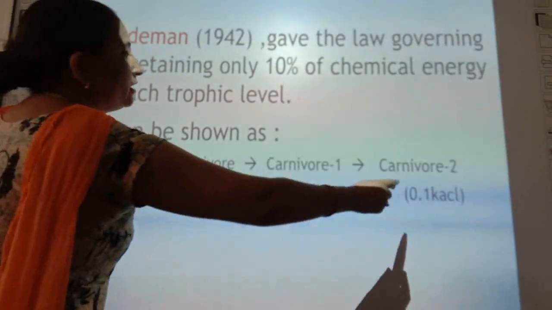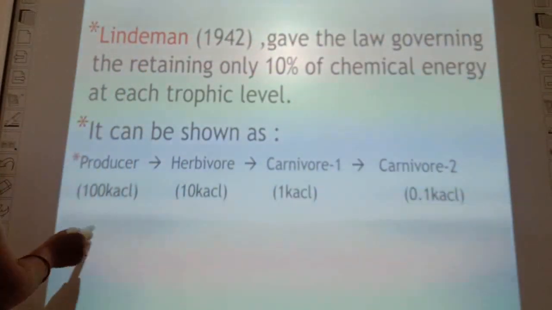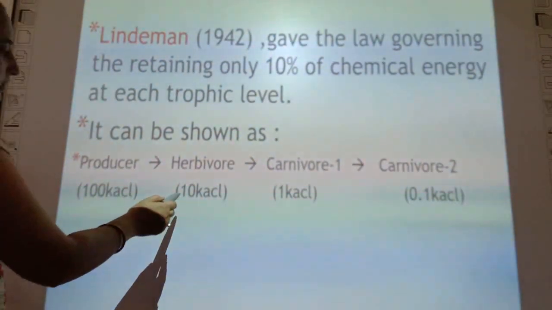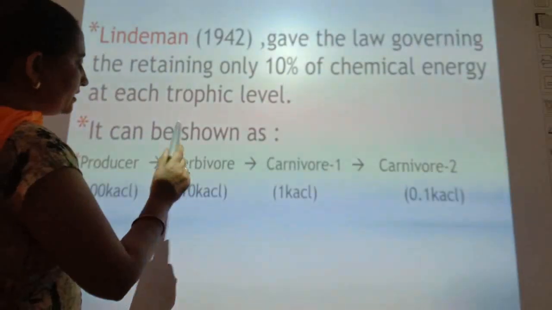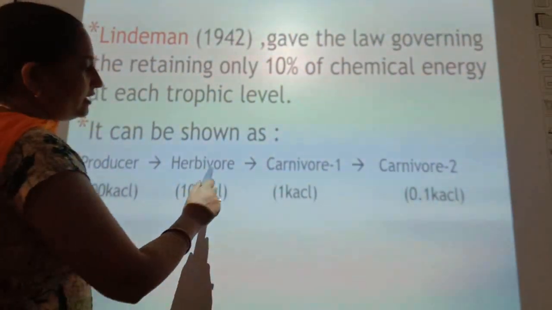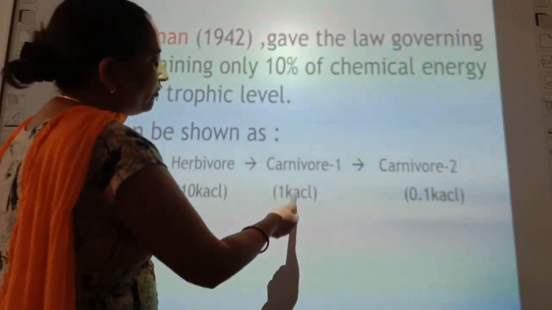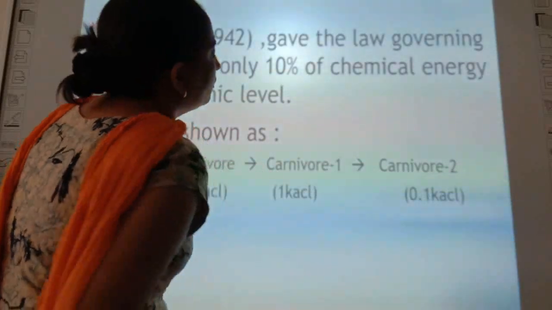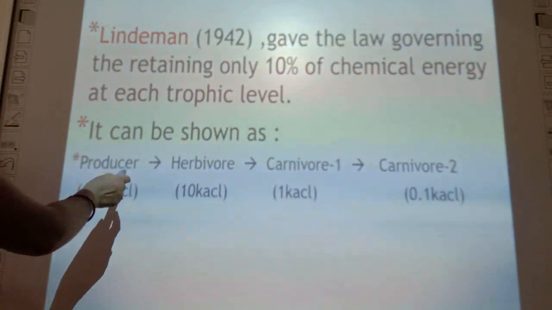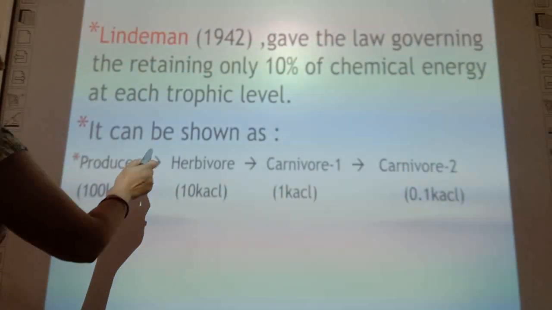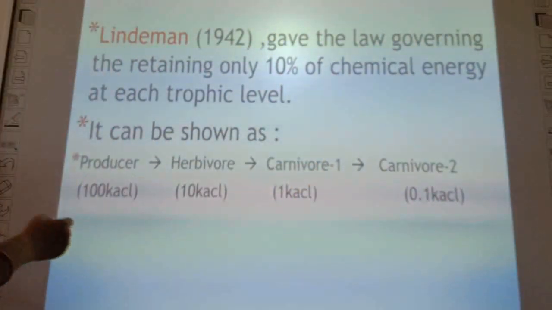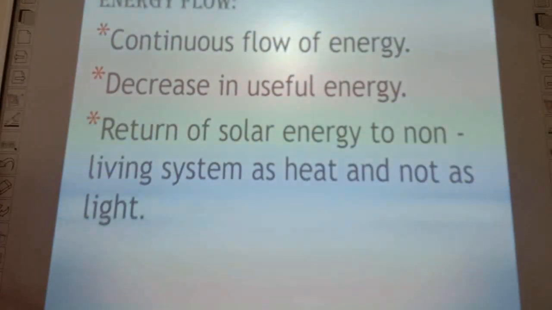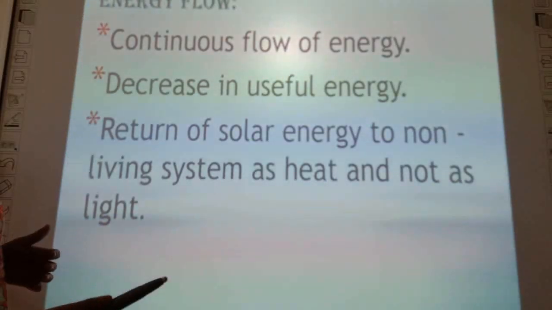So a chain is formed, and in this chain energy taken by the producer is 100 kilocalorie, then energy transferred to the next level is only 10 kilocalorie, and to the next level only 1 kilocalorie, and to the next further level 0.1 kilocalorie. So in each level 80 to 90% of the energy is dissipated or lost as heat or in many physiological activities.